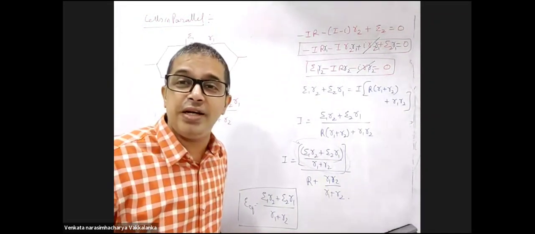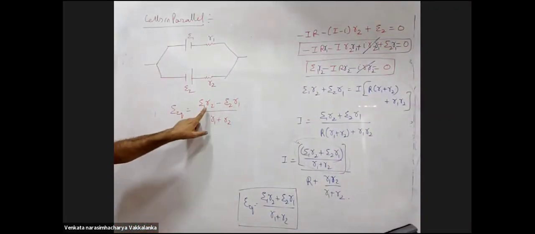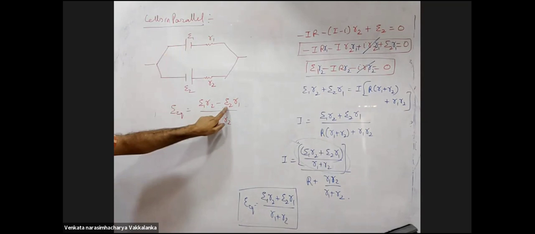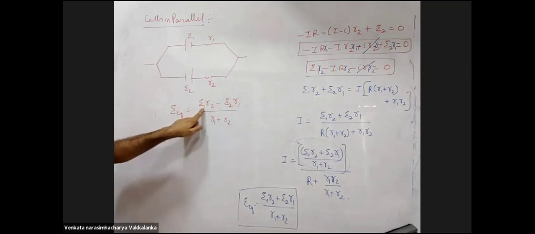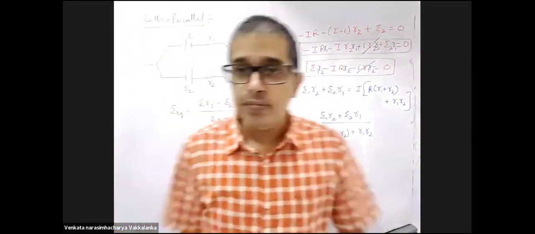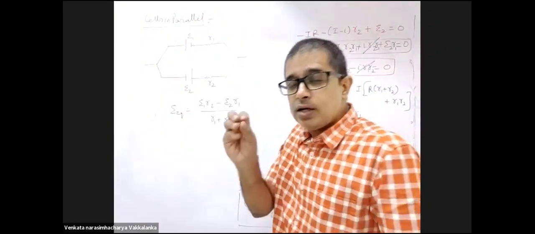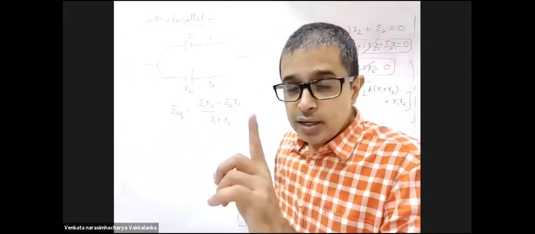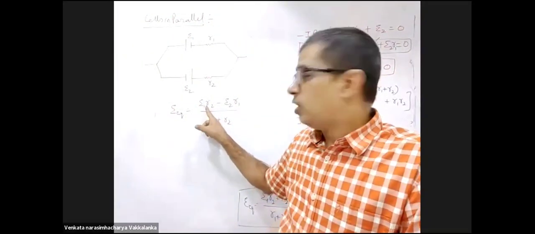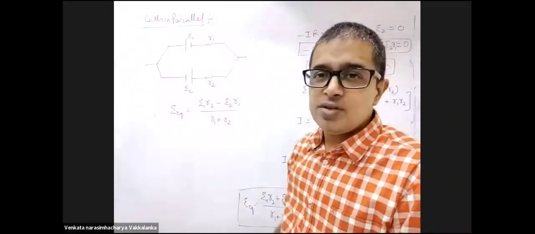Don't tell me E1 greater than E2 or E2 greater than E1. It should be whether E1 R2 is greater than E2 R1. If E1 R2 is greater than E2 R1, the equivalent battery will have the same polarity as E1.